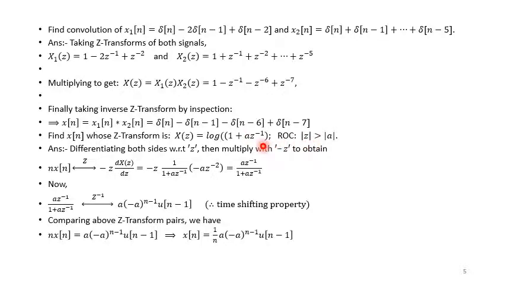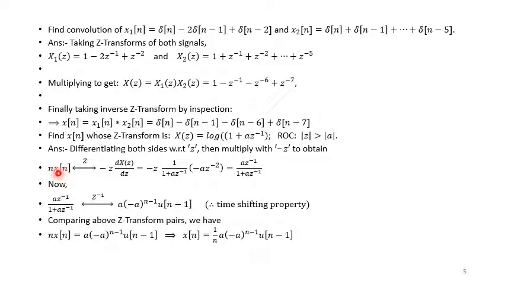If we take the derivative of this, just differentiate it with respect to Z. Differentiating with respect to Z corresponds in the time domain to multiplication by n.